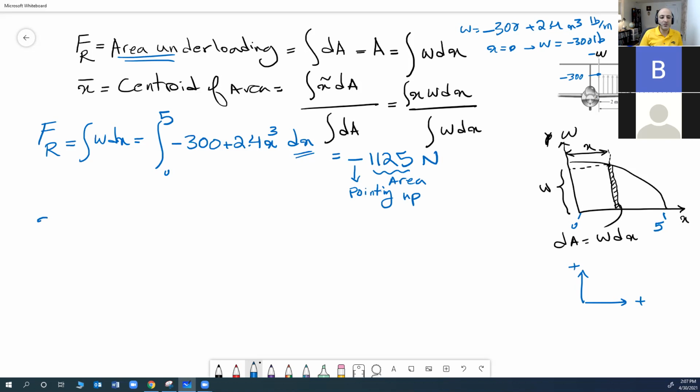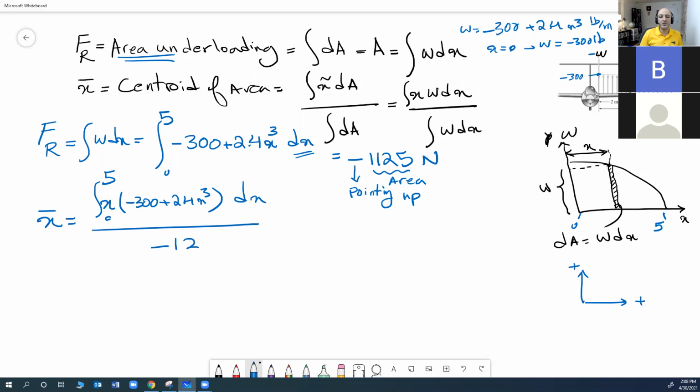So let's find the centroid. Let's see if the 2 that they gave us was correct. So I have to do the integral of x times minus 300 plus 2.4 x cubed, from 0 to 5, dx, over this area, which is 1125.